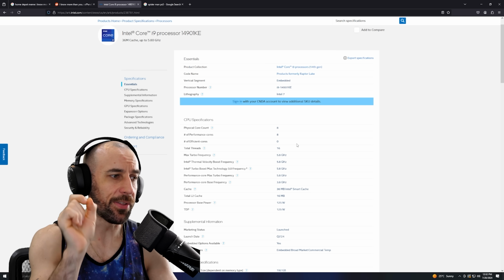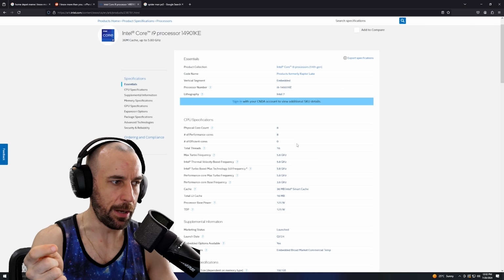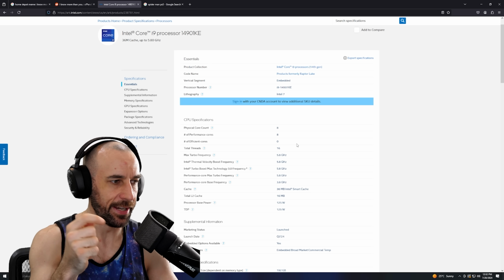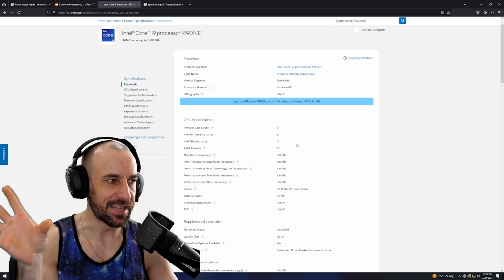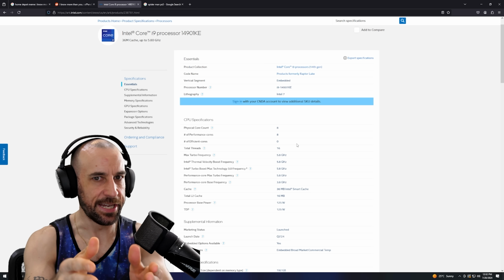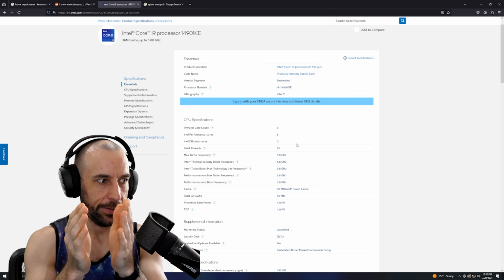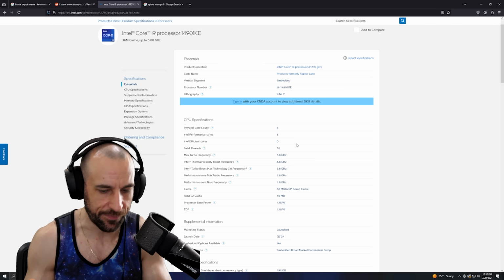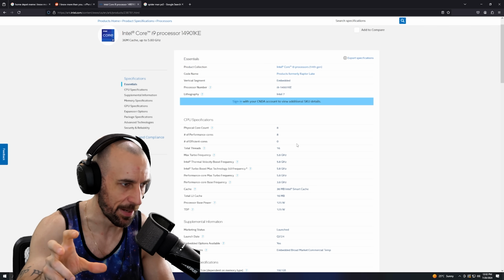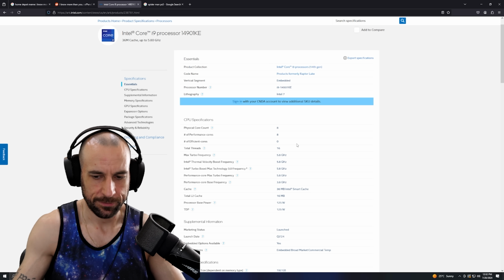Now, this is not the same thing as that rumor that came out where Intel was planning a 10P core and a 12P core. That's a separate architecture. This thing is literally a 14900K with half the die disabled. It's not a new architecture or anything.